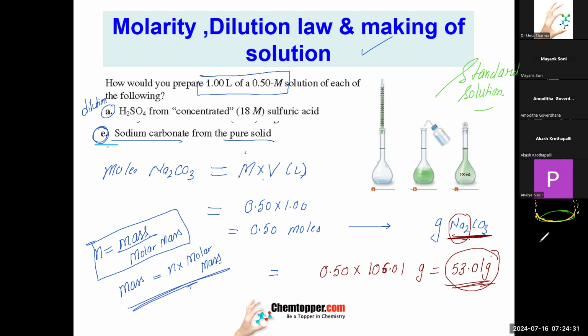Try to think, try to work out the answer. Stay very active in the class. Is it clear, Amodita? Lower meniscus? Okay. Good. So, and your solution is made, standard solutions.